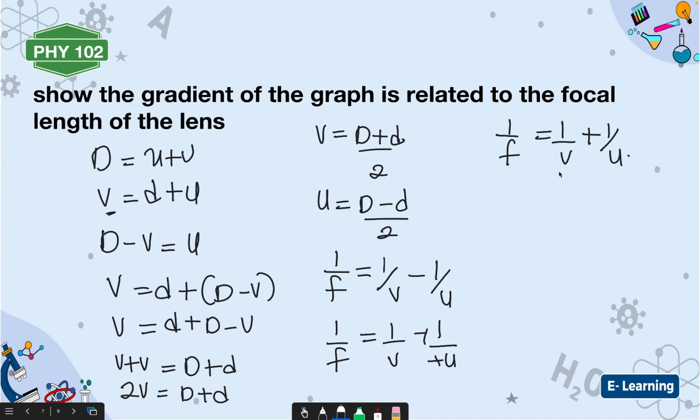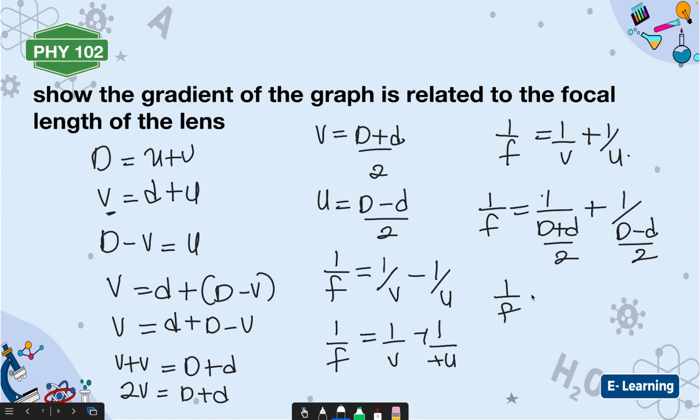Now what is our v and what is our u? We can substitute them in now. So 1 over f is 1 over d plus d over 2 plus 1 over d minus d over 2. So 1 over f is, what is the reciprocal? 1 over d plus d over 2.